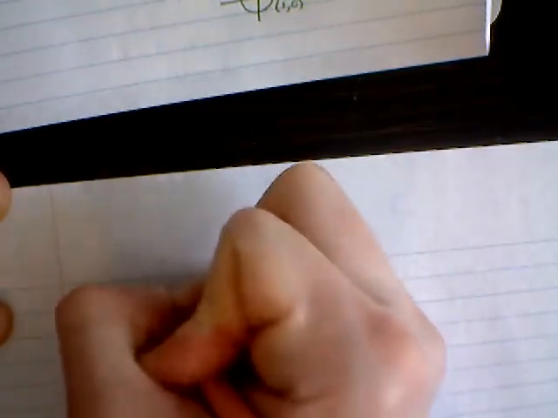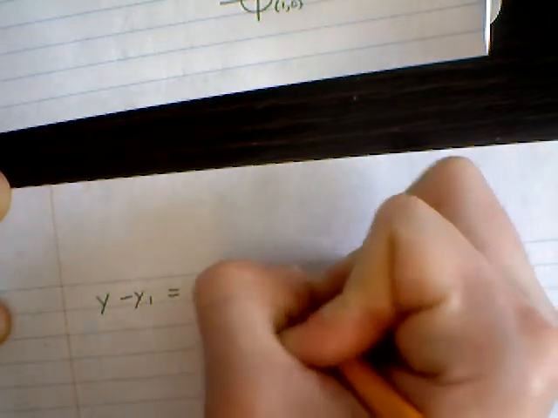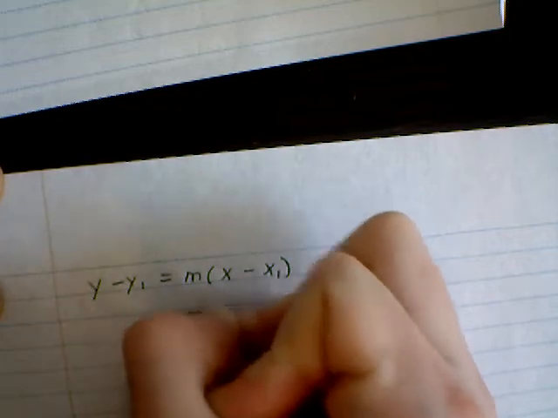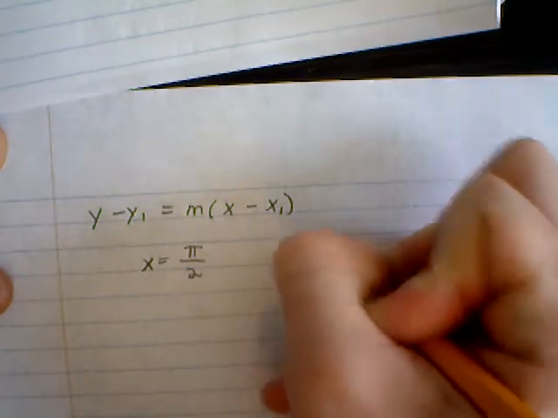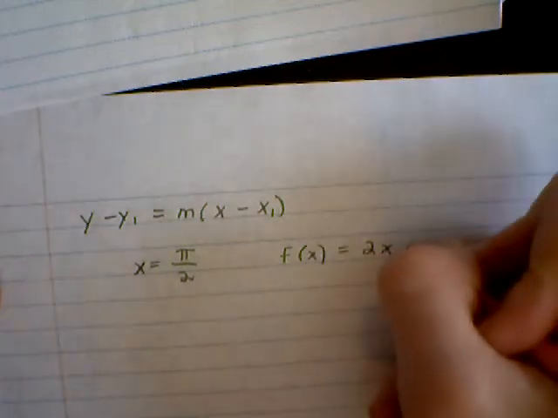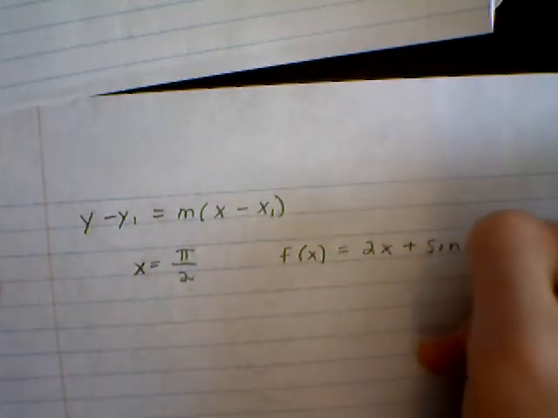My next goal is to find y minus y1 equals m times x minus x1. I know my x value is pi over 2. All right. My original function is f of x equals 2x plus sine x plus 1.